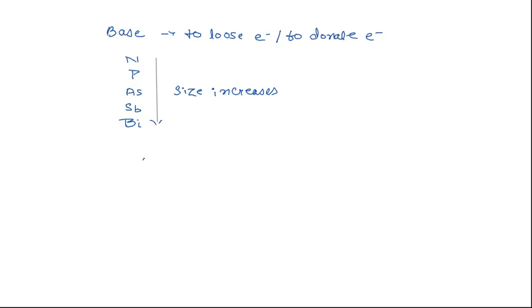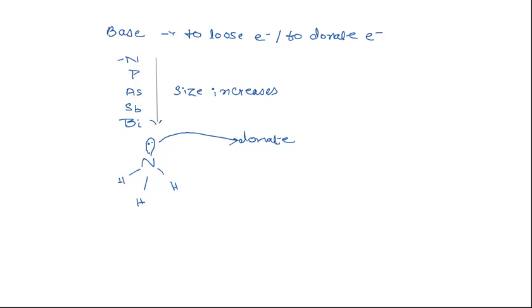Now there is NH3, and there is a pyramid shape, or rather one lone pair of electrons over here. Students, this lone pair of electrons, these donate. Now if I move from top to bottom, what happens?